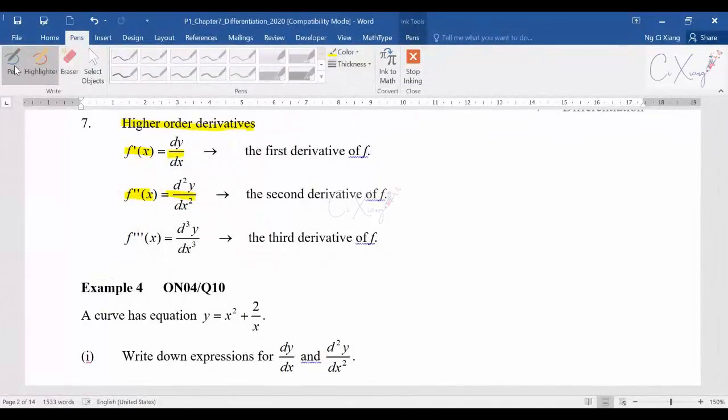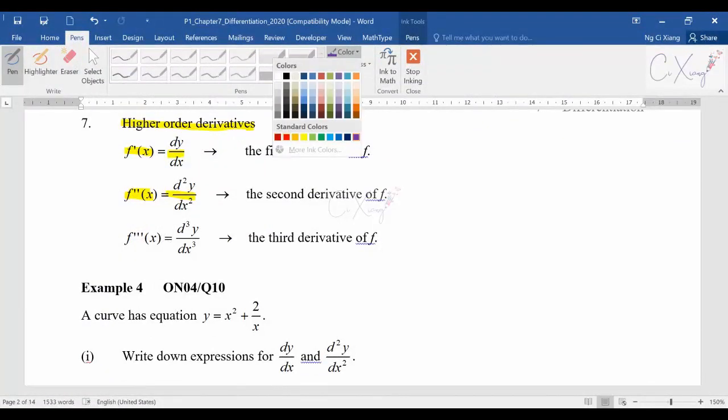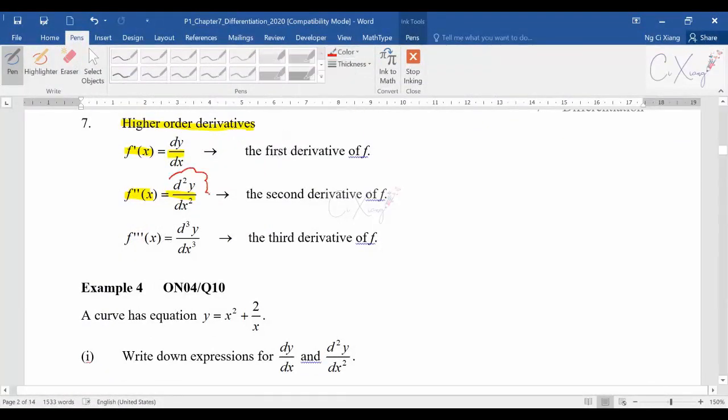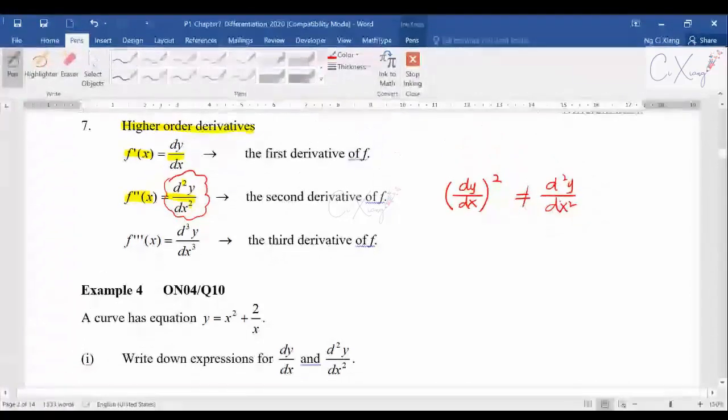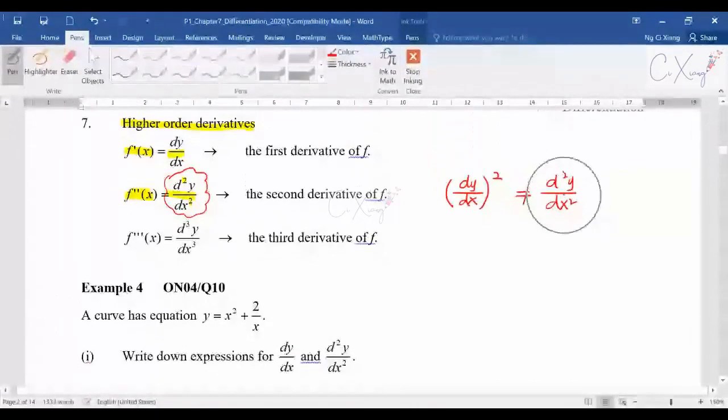There is a small part that we need to take note of. When you have d squared y over dx squared, please make sure that you put the square at the correct place. When you have dy over dx, the whole thing squared, it is actually not the same as d squared y over dx squared. D squared y over dx squared means that you are differentiating an expression 2 times.